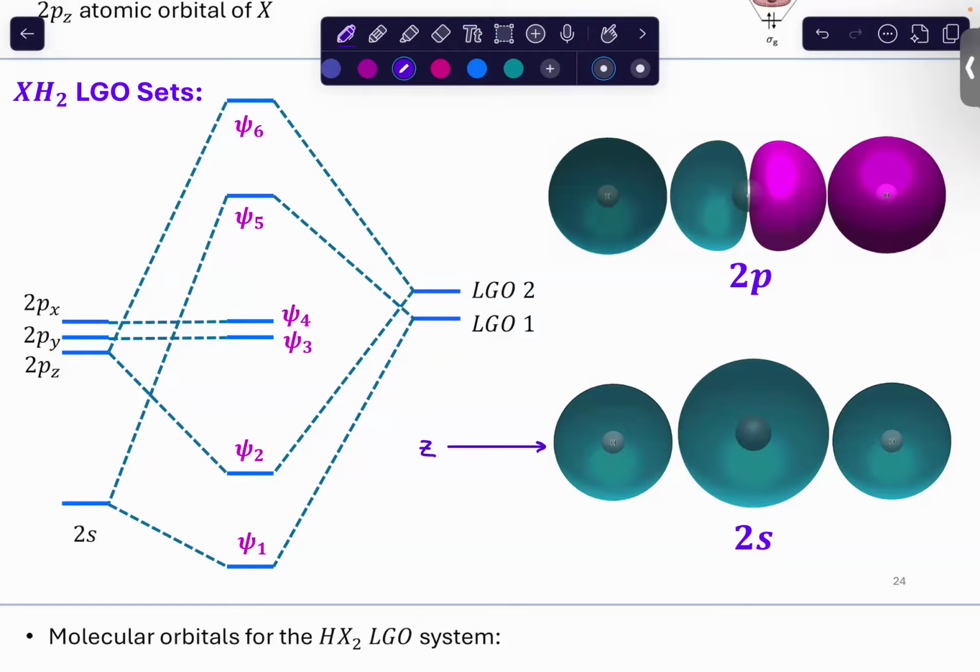Imagine your z-axis is a C infinity axis. Then start looking at your other axes. Every single rotation or reflection I do at the LGO2 matches that pz orbital. So you can see how they have the exact same symmetry, so they're going to be able to make bonds.